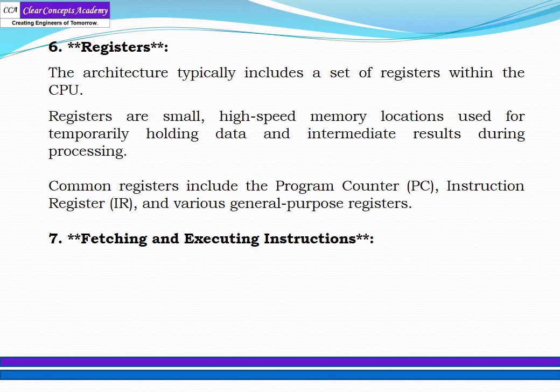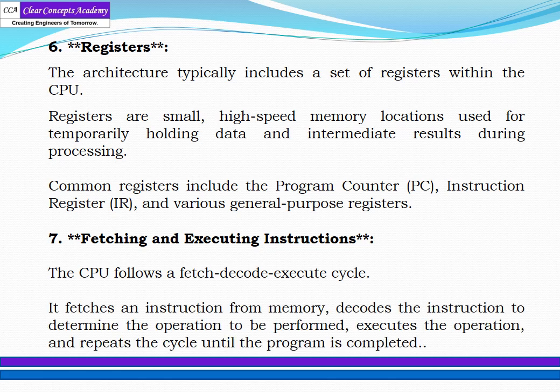Fetching and executing instruction. The CPU follows a fetch, decode, execute cycle. It fetches an instruction from memory, decodes the instruction to determine the operation to be performed, executes the operation and repeats the cycle until the program is completed.